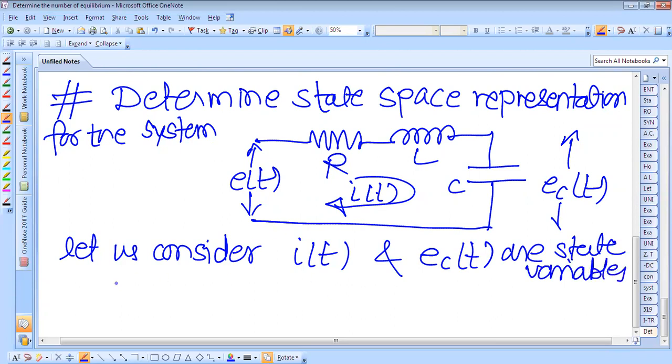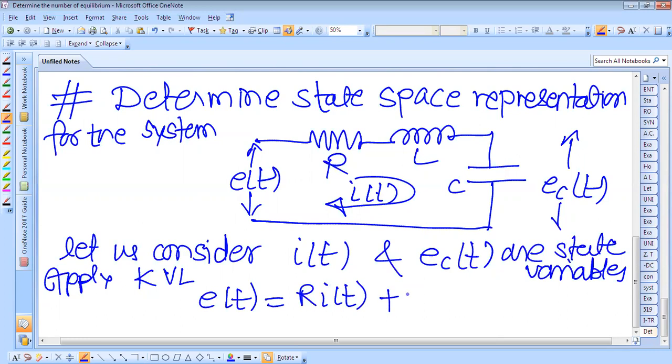If these are the state variables, apply KVL to this network. So e(t) is equal to R into i(t) plus L into di(t) by dt plus the voltage across the capacitor, ec(t).